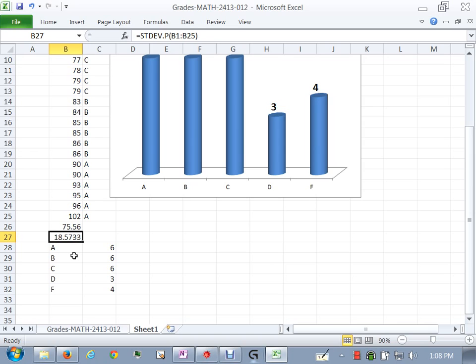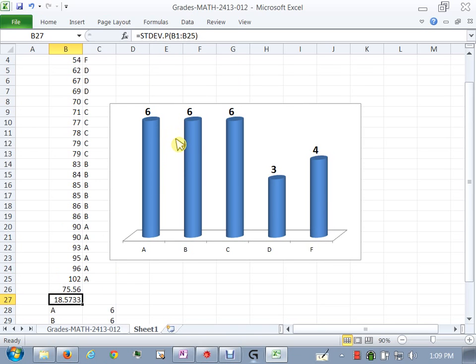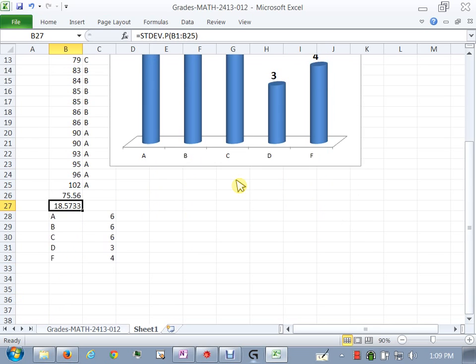I mean, like 75 plus 18, 75 minus 18, that's a huge window. The smaller standard deviation is better. That means everyone's kind of closer together with their grades. So we had a real big spread of grades. But I think that's to be expected with so many A's, B's, and C's. It's spread out. What else?